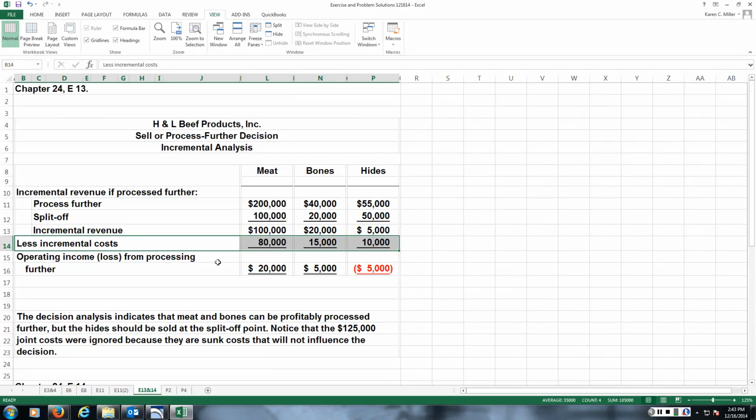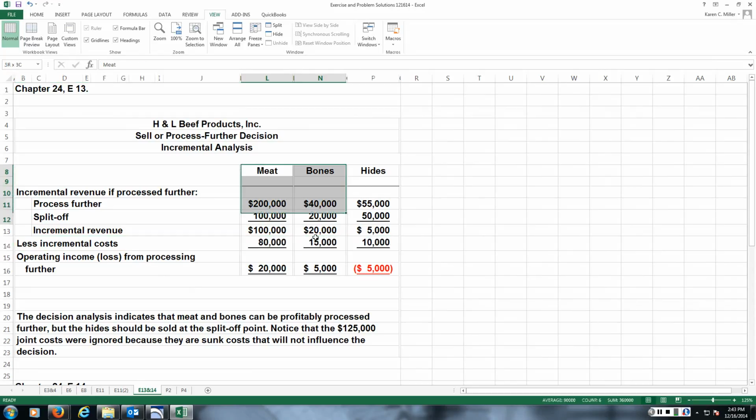Once again, what we have determined here is that quantitatively we have two possible profitable options to continue to process meat into steaks and bones into fertilizer. Now, we need to take into consideration the qualitative factors as well when we're doing this. What are the rules and regulations that we would need to follow to continue to turn these sides of beef into steak? Do we have the ability to follow and maintain all of the quality requirements that are required in this area?